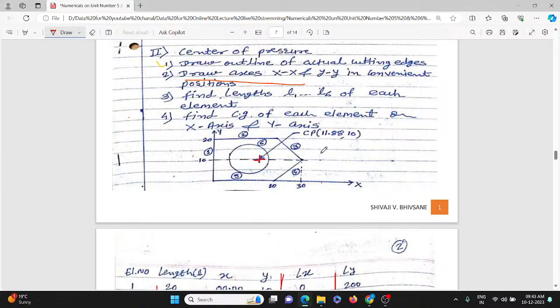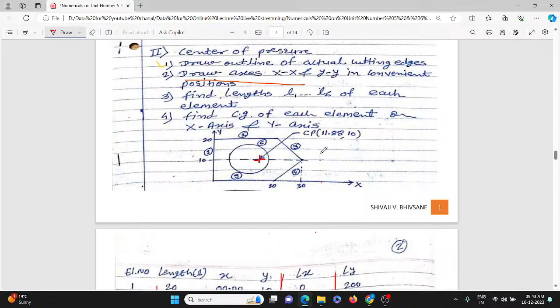If it is not passing through it, then what will happen? The bending of the punch may be there. Because the component is unsymmetrical, the center of pressure must be aligned with the axis of the punch.